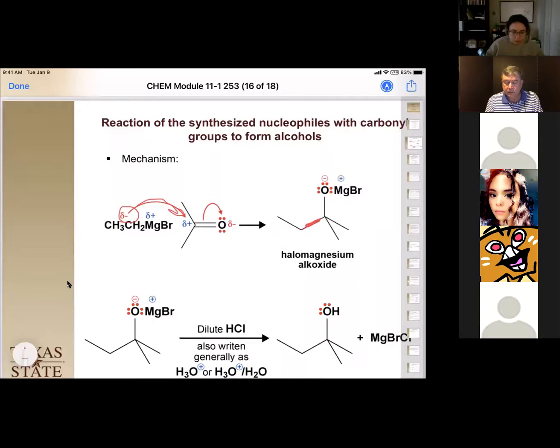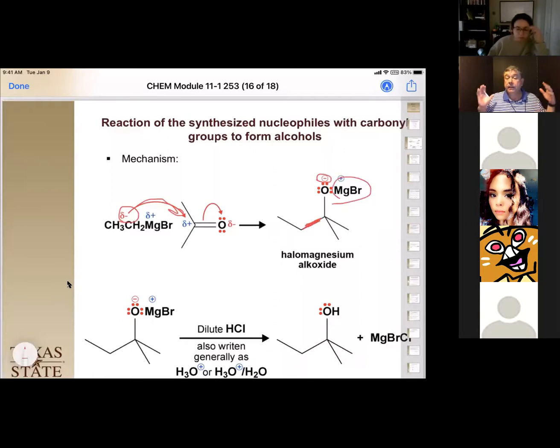And then, of course, those electrons kick up and reside on the oxygen, and therefore the magnesium counterbalances that charge on that oxygen. Okay, so right here we have a deprotonated alcohol with a magnesium complex.